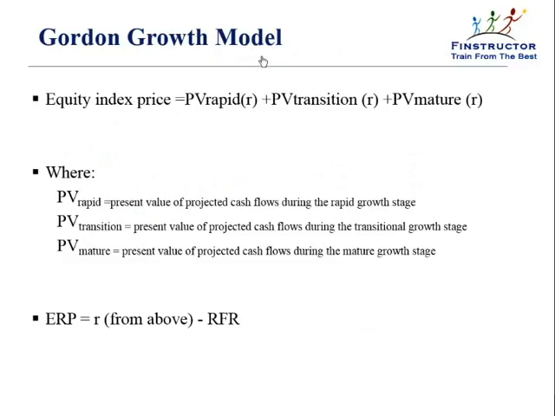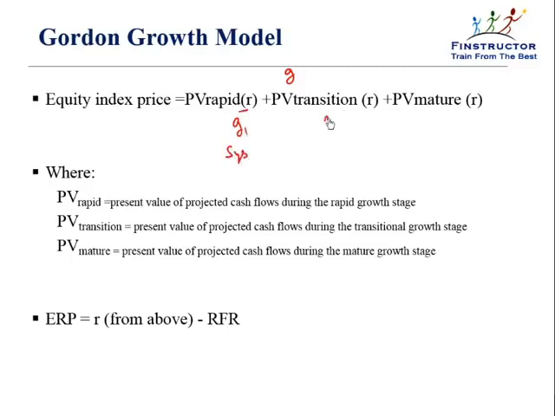Now, for many countries, computing and applying that sustainable growth rate assumption may not be the best option. So what we do is that we estimate 3 growth rates. G1 is the rapid growth rate, maybe coming for the next 5 years.